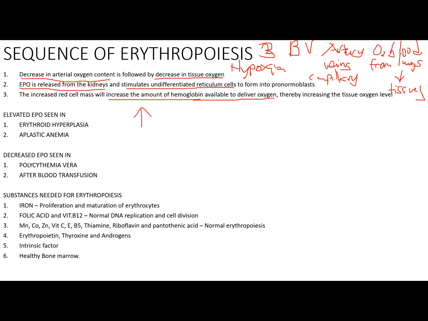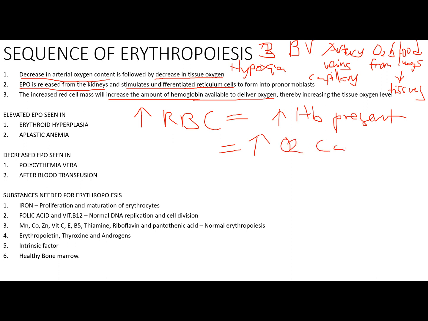The more RBC present, the more hemoglobin present. And the more hemoglobin present, class, the more oxygen can be carried. So yan ang compensatory mechanism ng body natin, class.